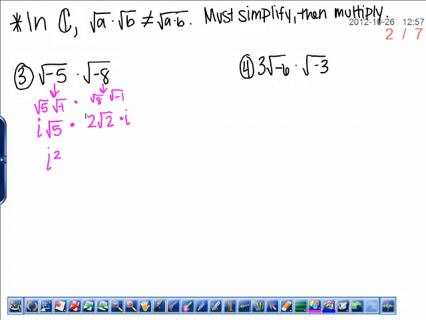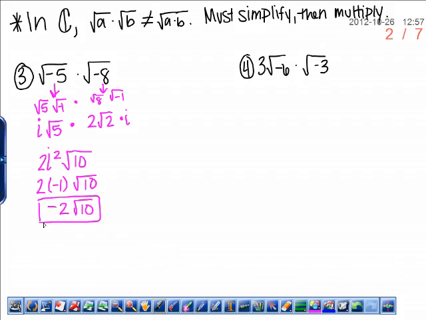And I still have this 2 here, right? So 2i squared times the square root of 5 times 2 is 10. Okay, what is i squared? So this is 2 times negative 1 root 10, which is negative 2 root 10. I know it's confusing, okay? Don't blame the messenger. I didn't come up with this.